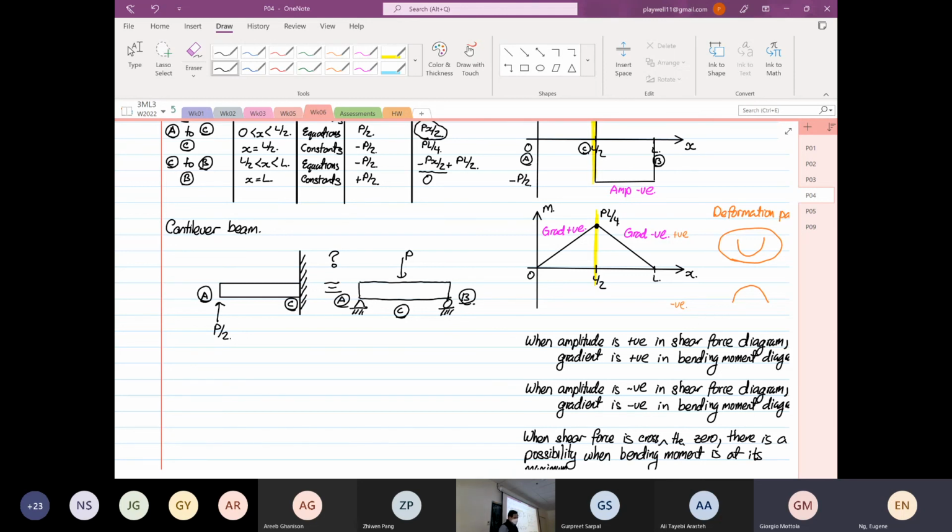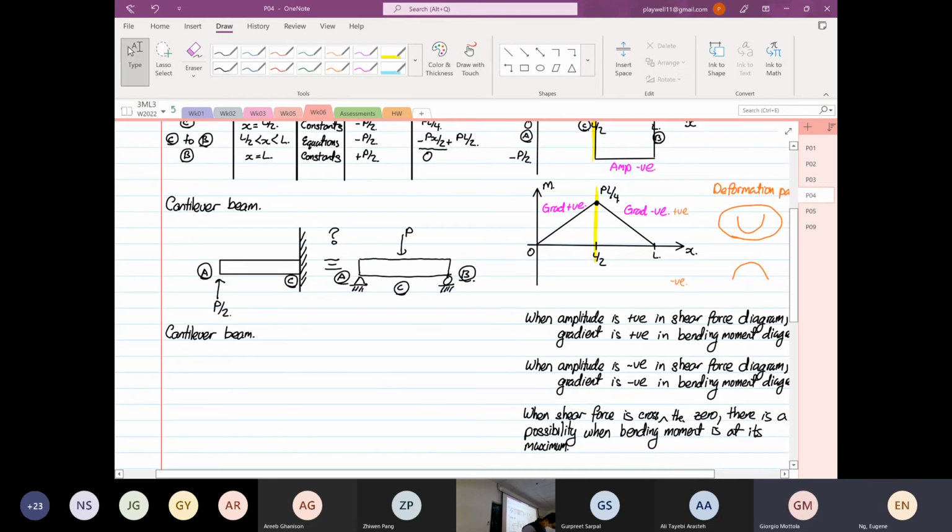How about mathematically? Let's look at the cantilever beam. We are going to do point A to point C, 0, x to L over 2.